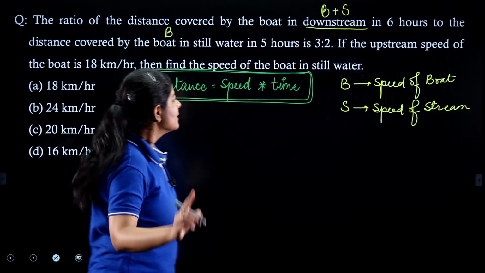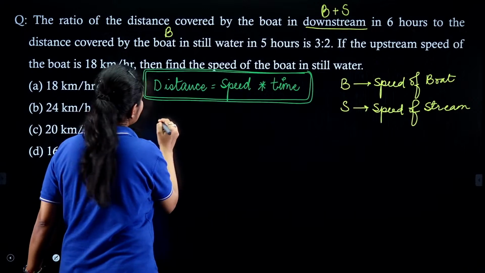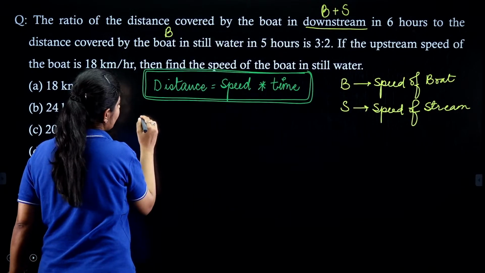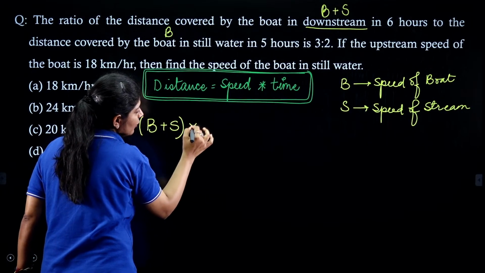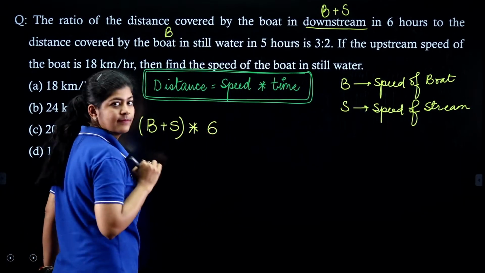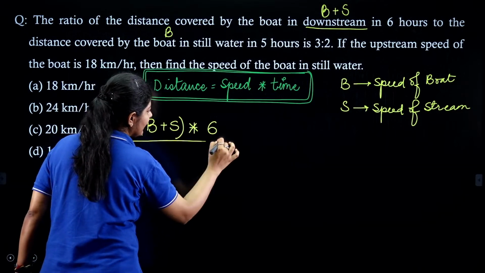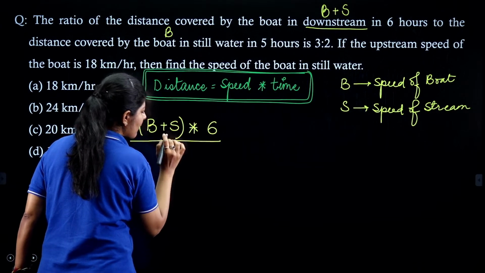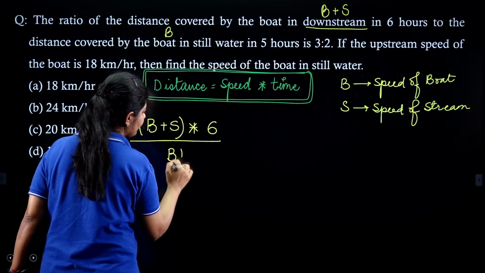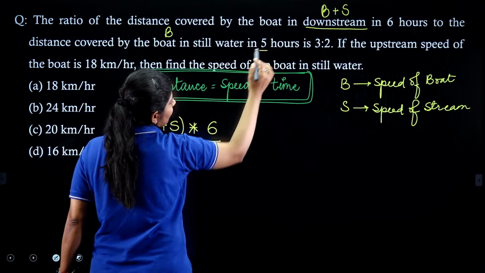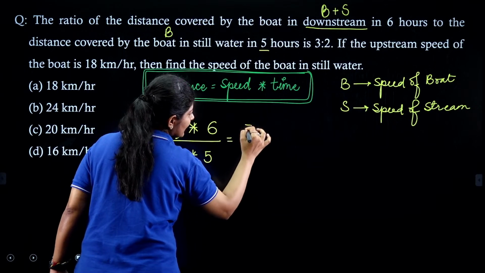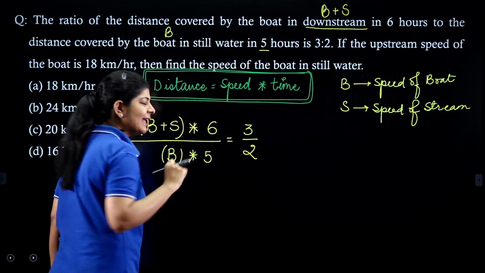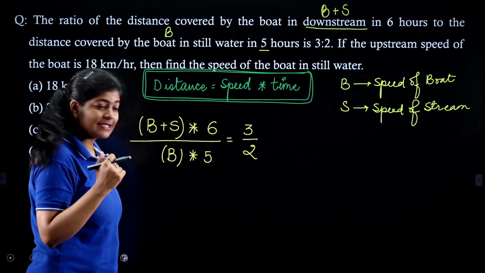So the question is simply saying that the speed in downstream, it took 6 hours, divided by the speed of boat in still water, and it took 5 hours, and the ratio of this is nothing but 3:2. Can I write it like this?